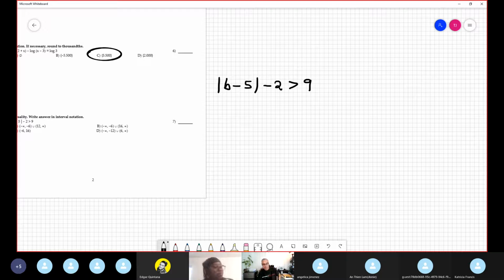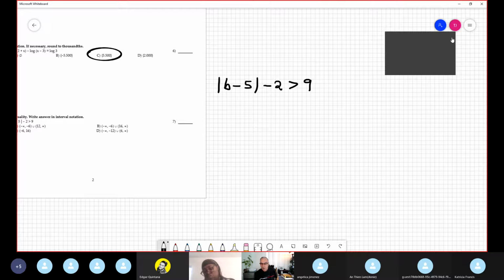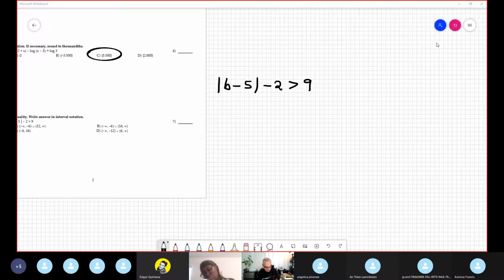Let me recall. The first thing you should do for solving an inequality that contains absolute value is isolate the absolute value part. So the absolute value of b minus 5 is greater than 9 plus 2, and 9 plus 2 is 11. The absolute value of b minus 5 is greater than 11.